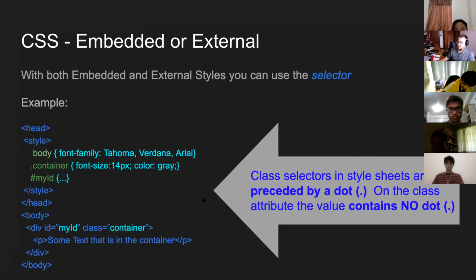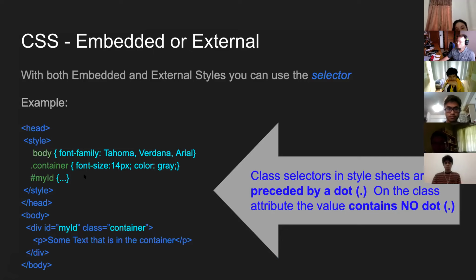So with both embedded and external styles, you use the selector, okay? We're going to talk about selectors in more detail today, but here are three examples. We have a body selector, we have a class selector, and we have an ID selector.